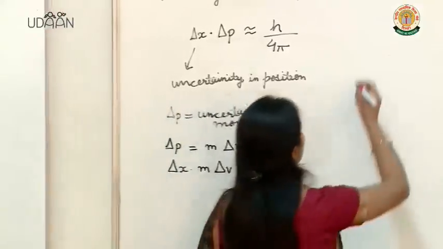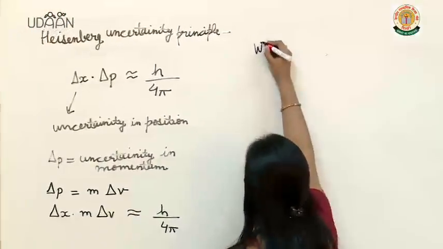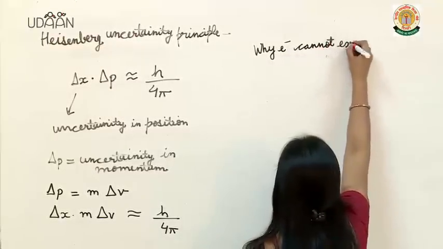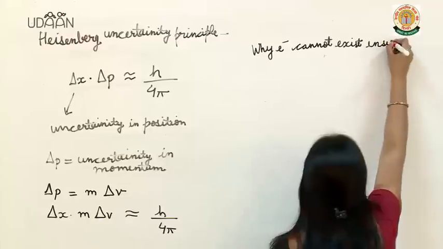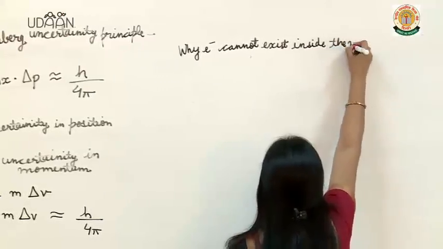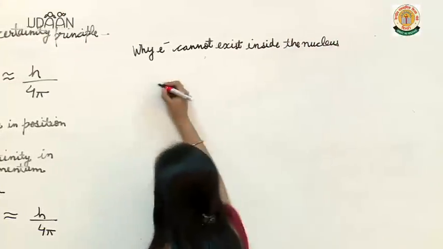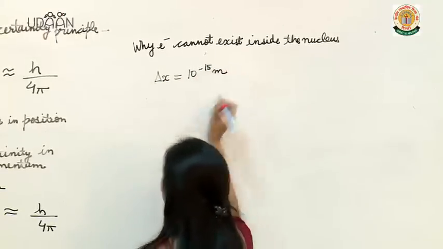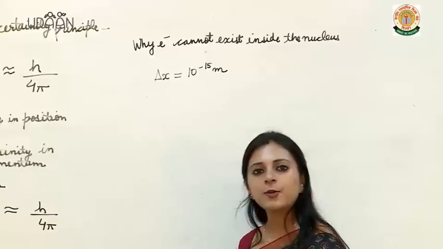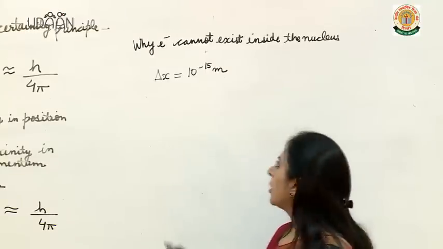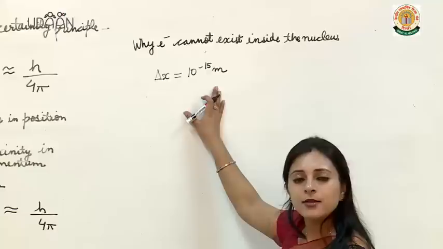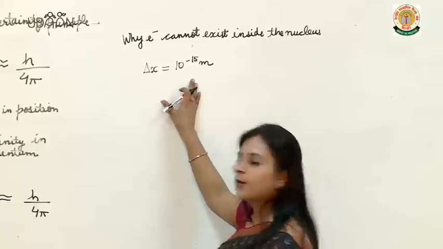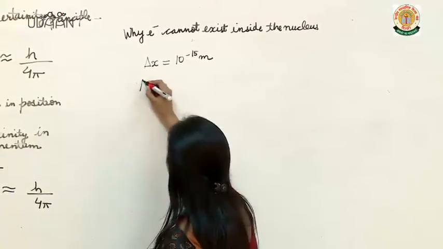Now we are showing why an electron cannot exist inside the nucleus. What is the nuclear diameter? It is 10 to the power minus 15 meter, and if the diameter is 10 to the power minus 15 meter, it means that the uncertainty in the position of the electron can only be this. So now let me substitute the values.